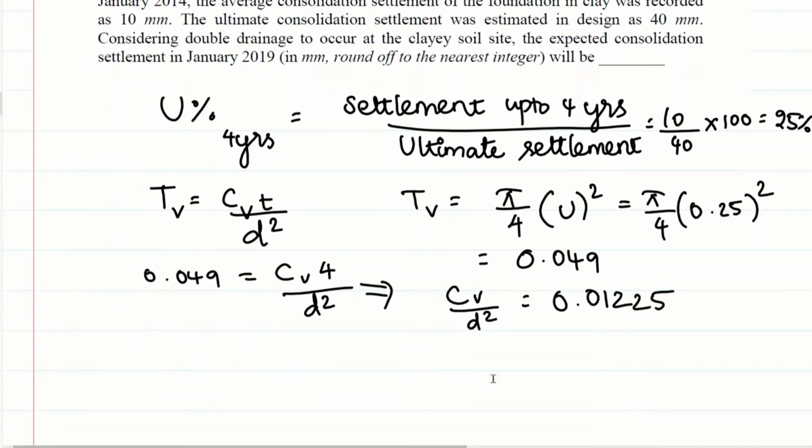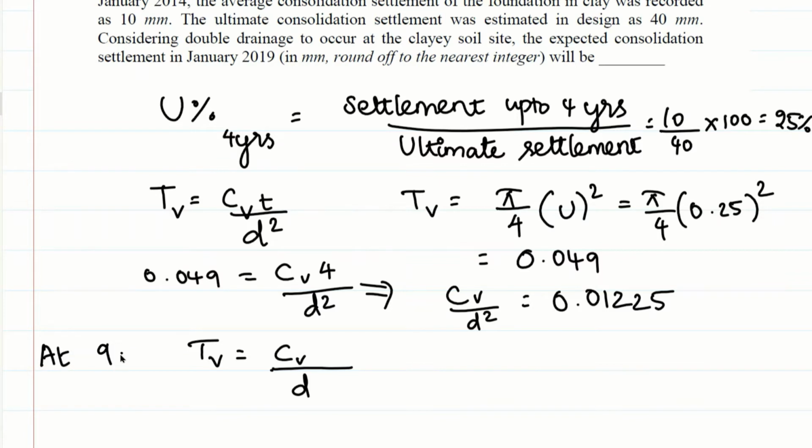So retain it as such. Now find out how much is the time factor at the end of 9 years. So Tv is equal to Cv t by d square. So the time factor at the end of 9 years, right? So your time is 9 years.